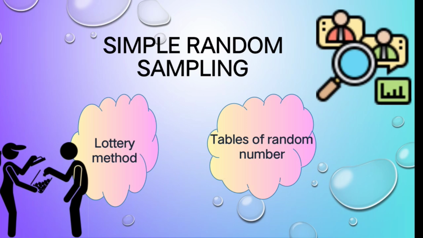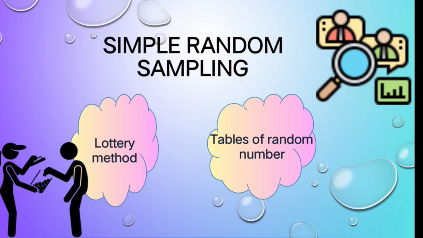I will write everyone's name on paper, or I will allot a number to each and every student in the class and put them in a box, then draw from the box and take the sample. Every individual's name is inside the box, so everyone has the equal chance of participating in the study. That is known as the lottery method, drawing out their names and picking up the sample from that lottery.